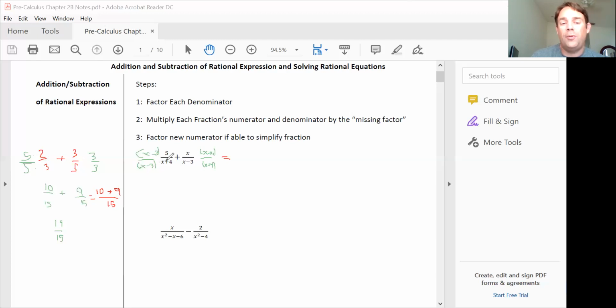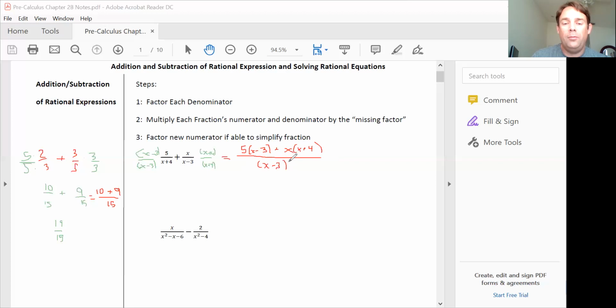Since now I have x minus 3 times x plus 4 in both denominators, I'm going to combine them as one fraction, and they're all over x minus 3, x plus 4.